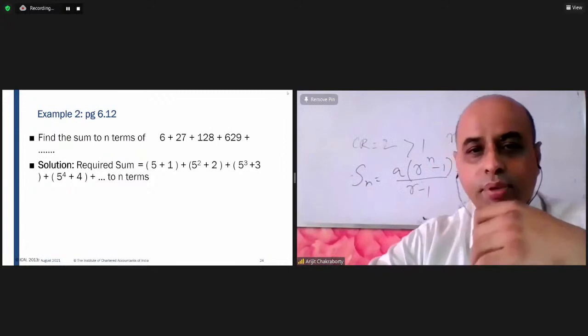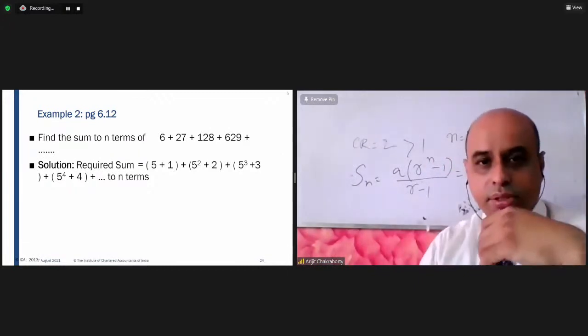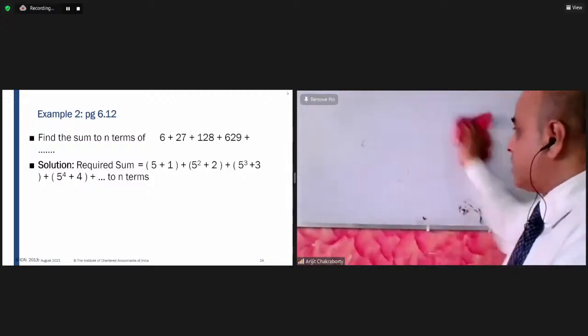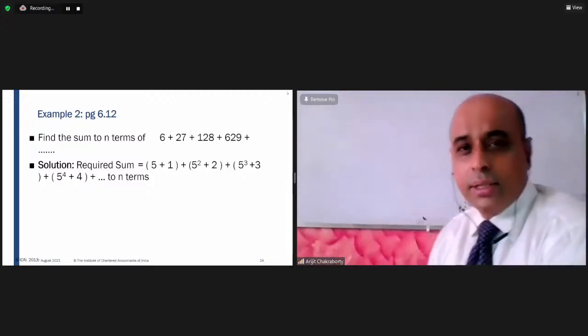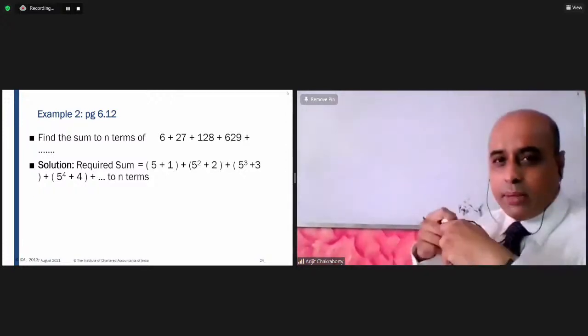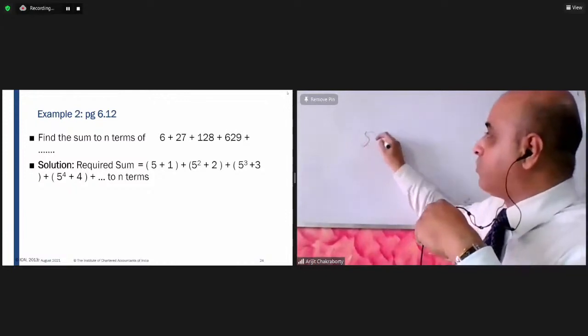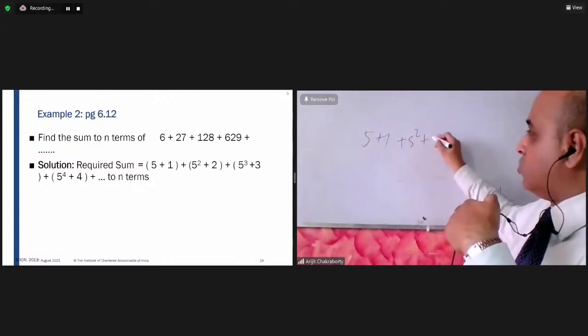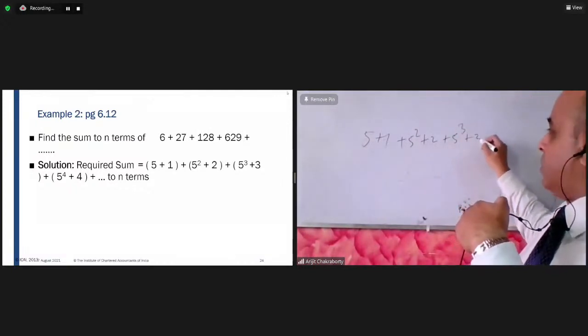So if you break up the entire expression which is given, what are we getting? We are getting two different series. We are getting 5 plus 1, then 5 square plus 2, plus 5 cube plus 3 and so on.